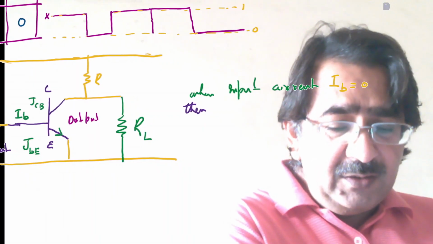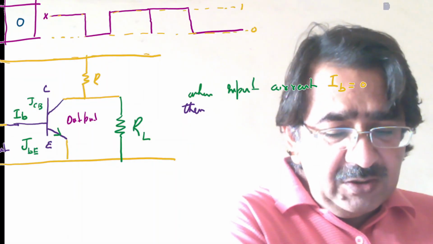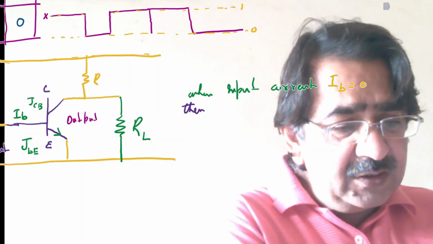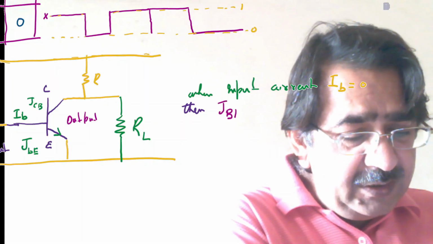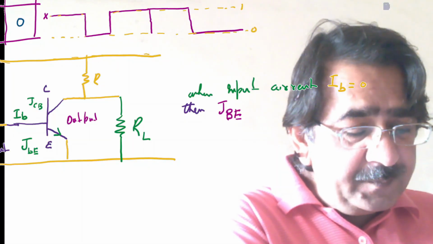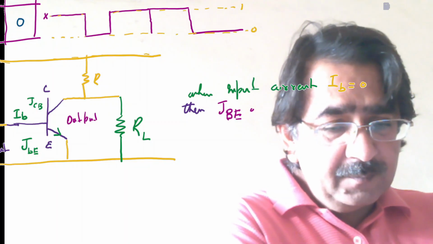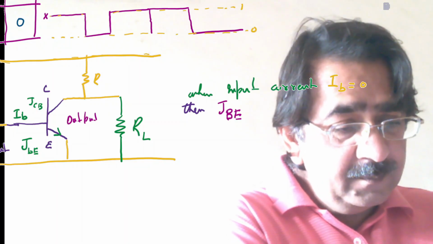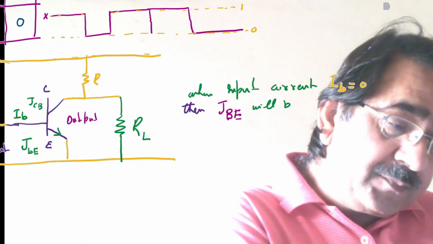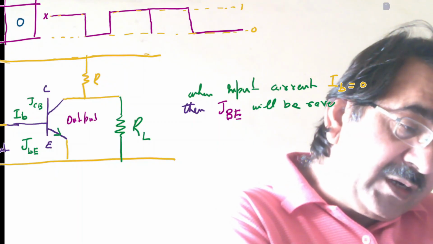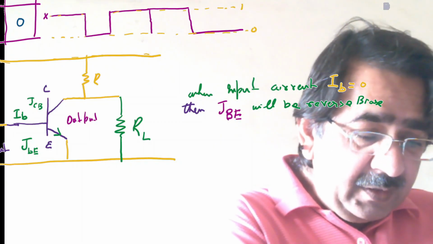When input current is zero, then the junction JBE will be reverse bias.